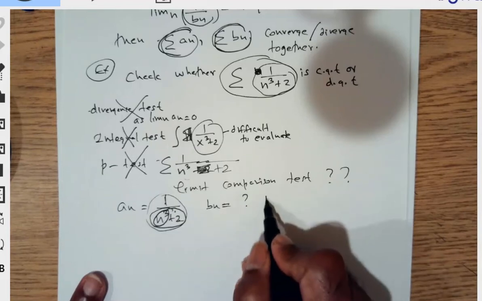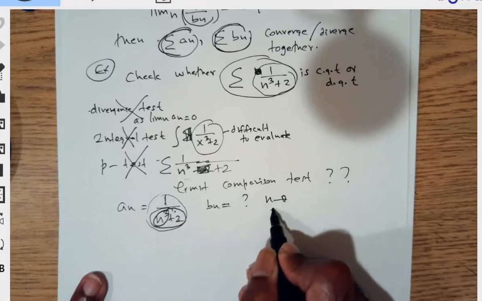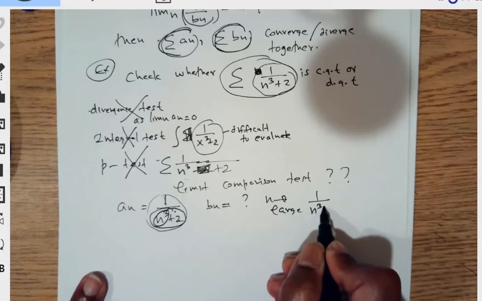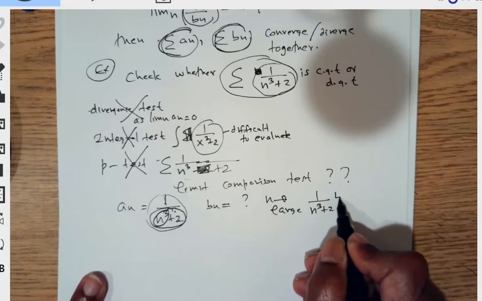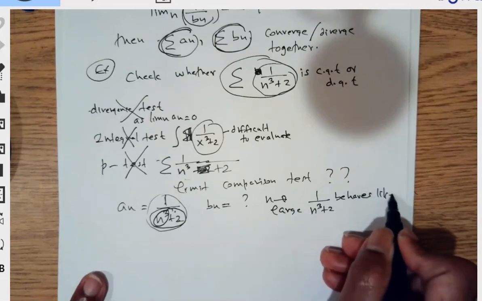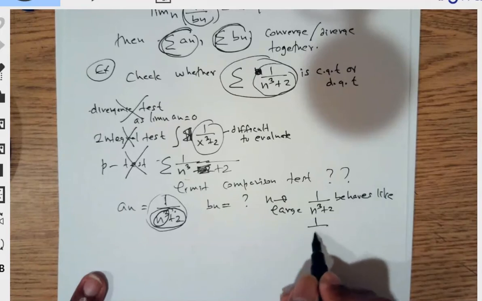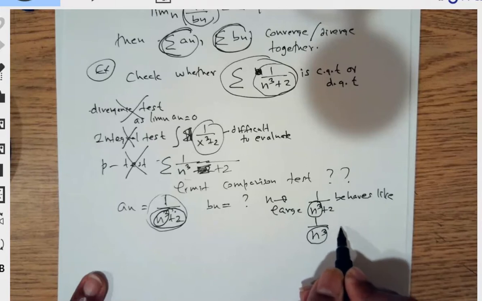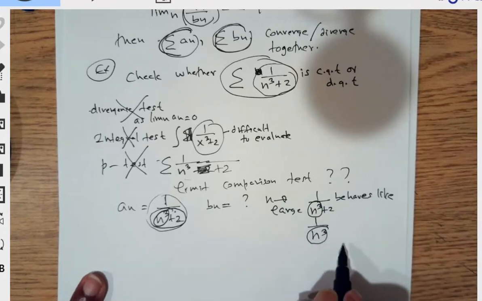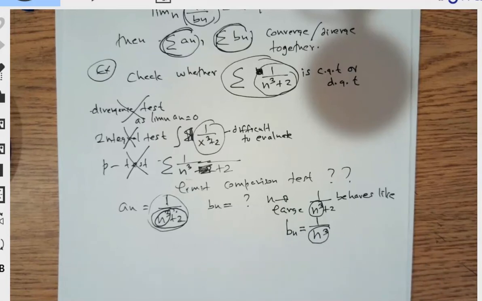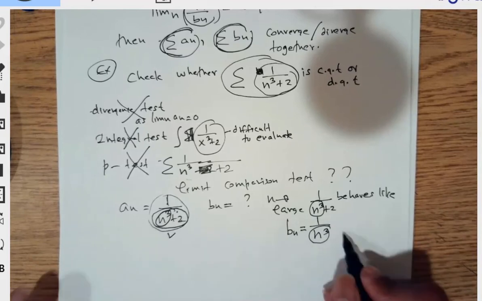So when n becomes large, 1 over n cubed plus 2 behaves like 1 over n cubed, because n cubed is the dominating term. Because it behaves like this for large n, it makes sense to take bn as 1 over n cubed. That is not the given series; this is the given series, and this is our comparison partner.